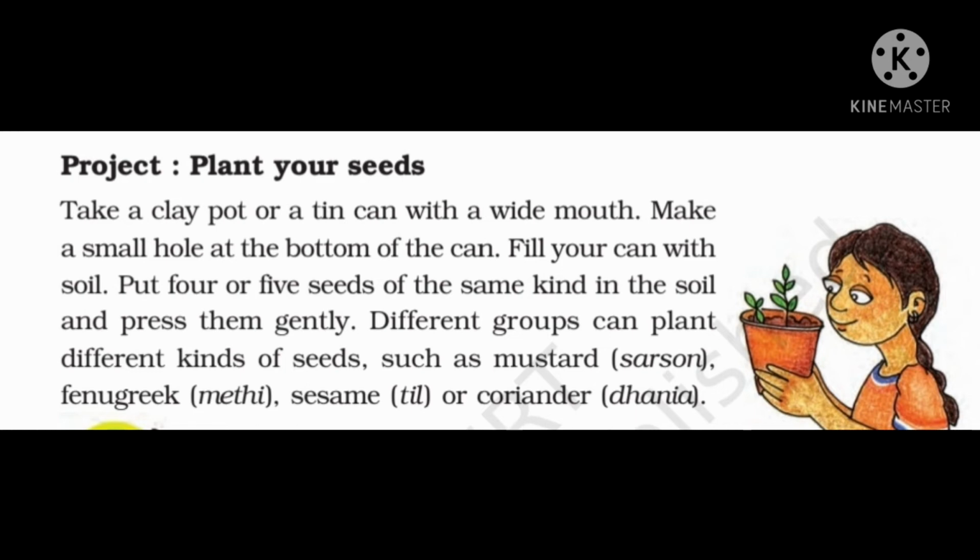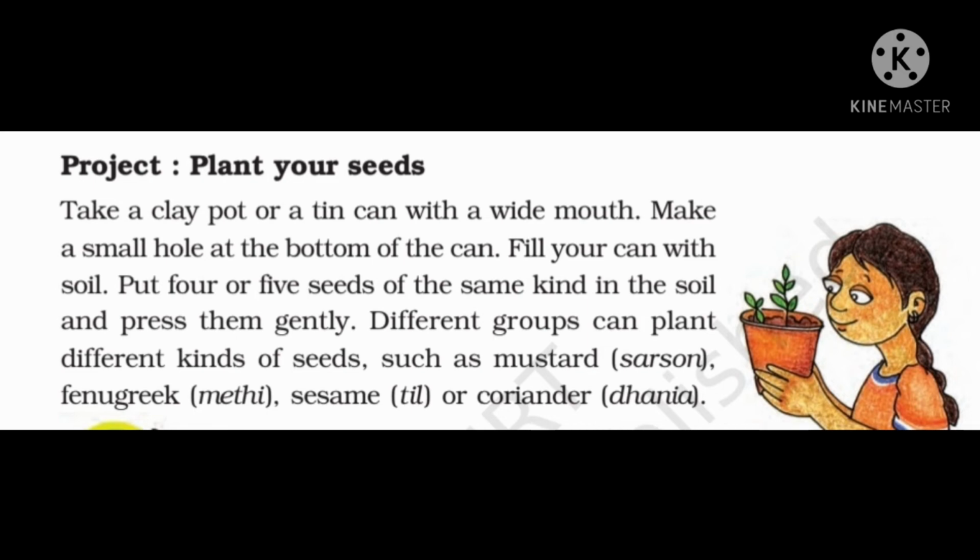Different groups can plant different seeds. For our group A, B, C and D, named so in their own way, roll number 1 to 10, 11 to 20, 21 to 30 and 31 to 40, can perform with their own choice of plants.